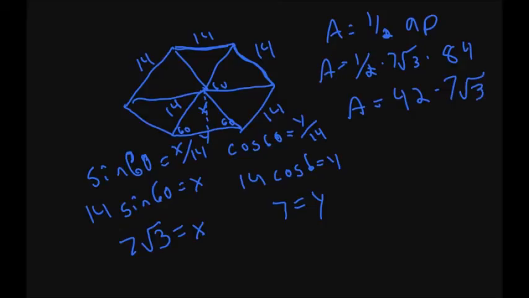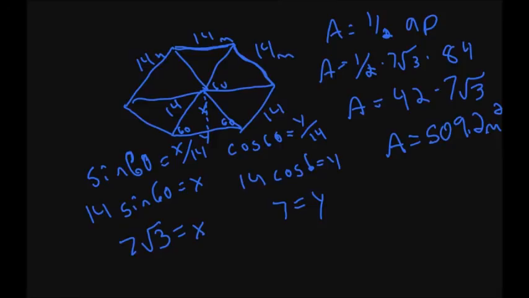So type that in your calculator. 42 times 7 square roots of 3. And if you had rounded 7 square roots of 3, you're going to get about the same answer. But area is going to be about 509 and 2/10, and let's call this meters. So that'd be meters squared.